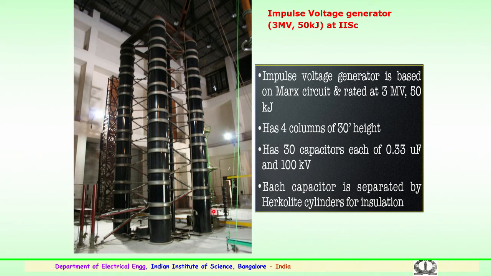So, with 15 stages at 200 kV per stage, 3 million volts is the output, which is used to test for lightning and switching surges on high voltage transmission equipment: circuit breakers, transformers, insulator strings, and many other equipment used for EHV and UHV transmission.